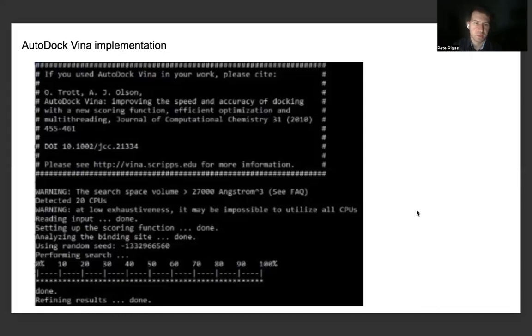And in particular, in this case, there are certain characteristics of the workstation and the work environment that have to be taken into account when AutoDock Vina is carrying out its computations and its workflow, including the number of CPUs, how long the search volume is in angstroms cubed, the complexity of the PDBQT file input that's read, as well as having to set up the scoring function so that AutoDock Vina can compare systematically different types of conformations and the corresponding binding affinity approximations, as well as the root mean square distance of each one of the binding affinity approximations, which we'll provide some examples of in some future slides.